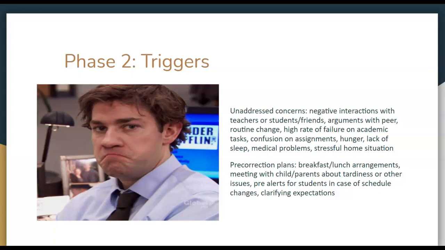For example, if you know that a student does not eat before coming inside the classroom, then you can have a breakfast or a lunch set aside for them if they can't afford lunch, because having them be hungry could actually trigger them misbehaving in the classroom later on.